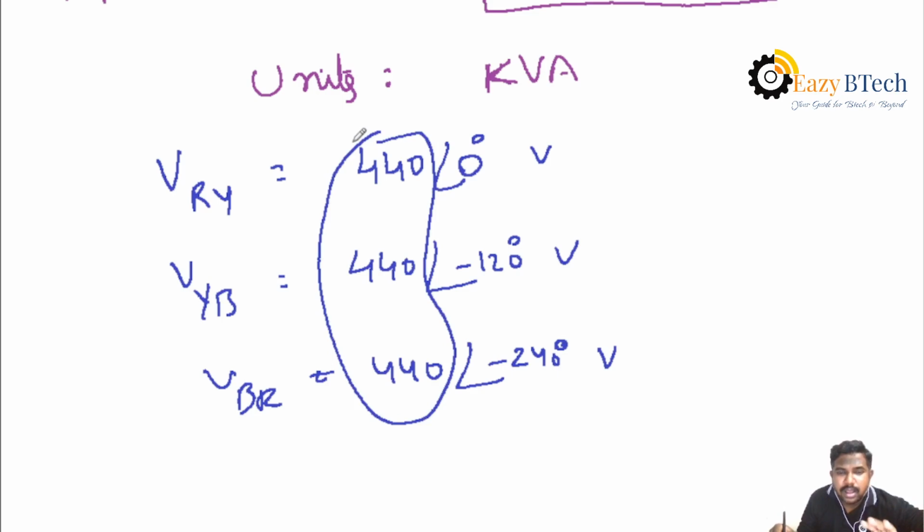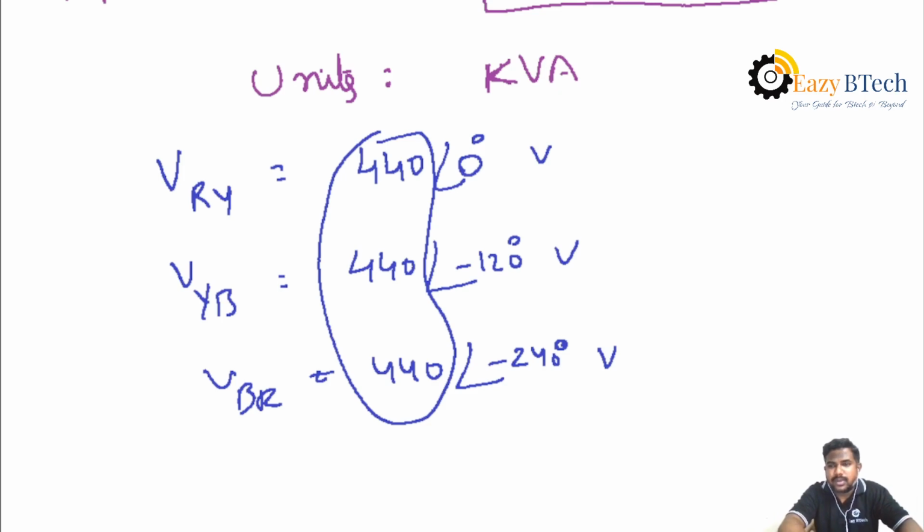but the difference is all voltages or all three phase currents are displaced by 120 degrees from each other, but the magnitude of voltages as well as the magnitude of currents are all equal in case of a balanced system. That's why we have to calculate the value only one at a time. There is no need to find out all three values in a balanced system.